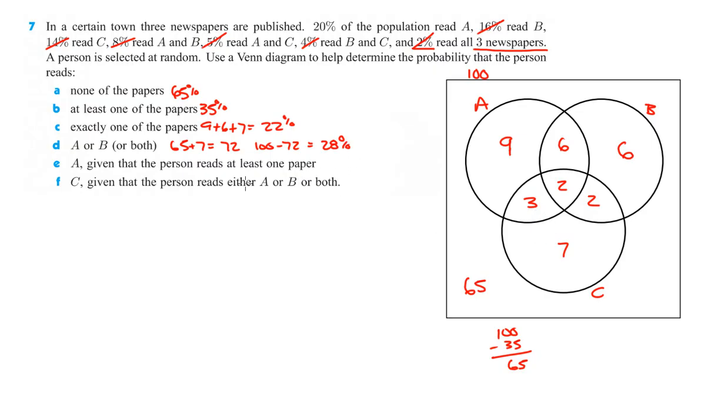Let's see, part E. How many people read A, given that the person reads at least one paper? So now we've got to start calculating some stuff. So the people that read at least one paper were these 35 people. And how many of those also read A? Well, we know that 20% read A, so we've got 20 over 35.